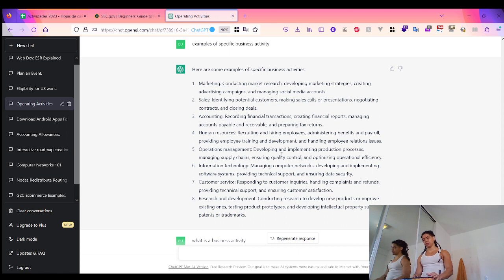What you have here is developing and implementing production processes. Operations management is developing and implementing production processes, managing supply chain, ensuring quality control, and optimizing operational efficiency.